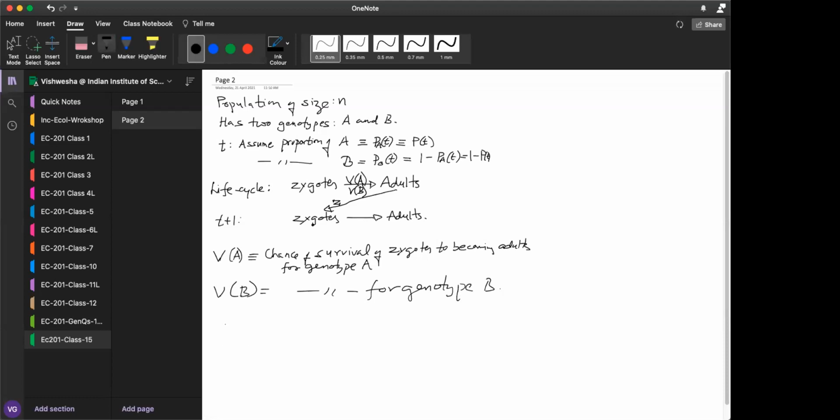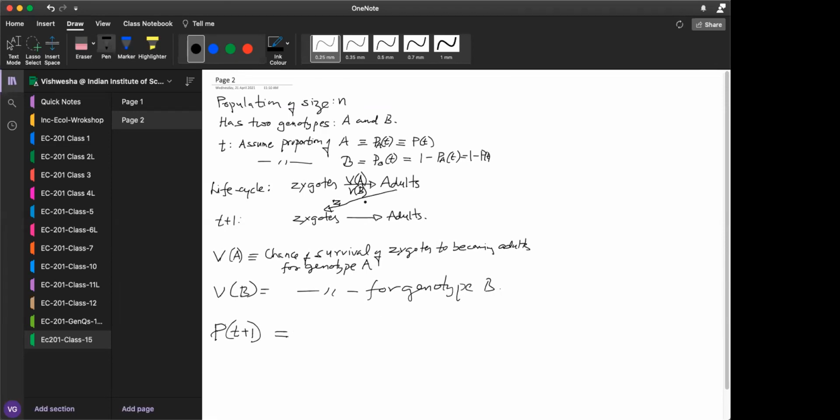So now we are interested in the proportion of zygotes A at time t+1 and the proportion of zygotes B at time t+1. So what is that? What we want to know is what P is at t+1. Is that right?